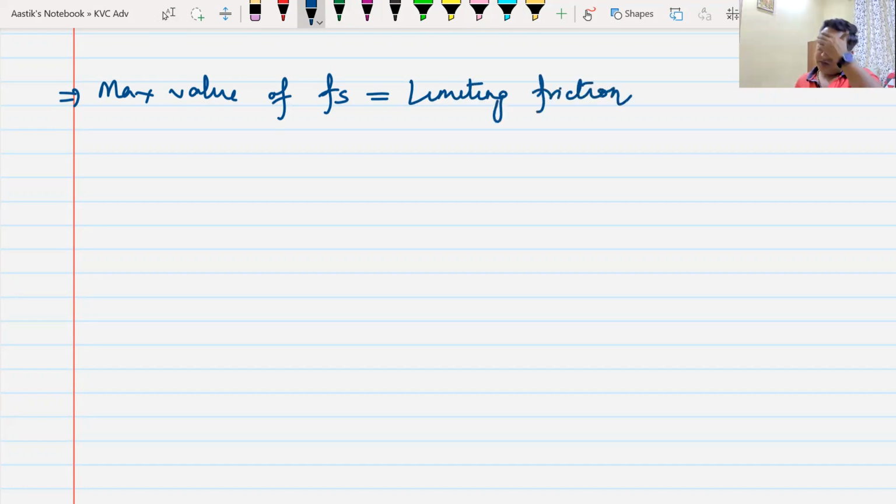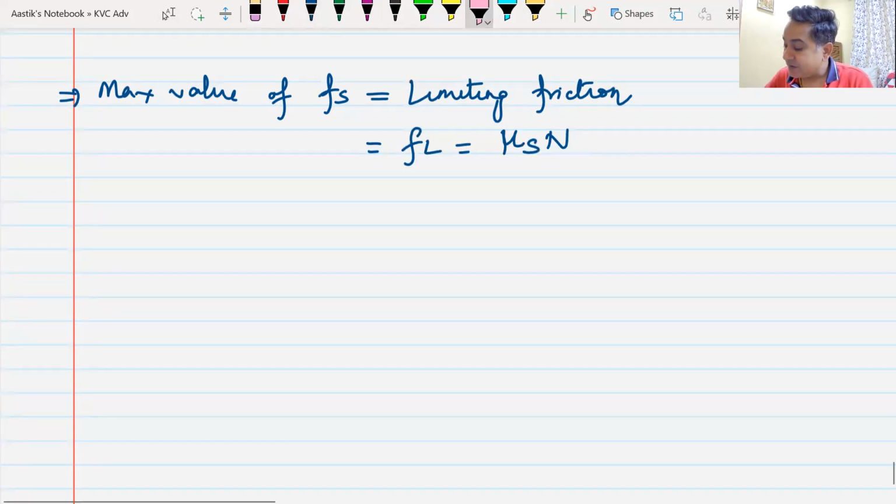That is known as Fl, and the value of this Fl is fixed, equal to mu s into n. This mu s is a constant which depends on the two bodies in contact, and is known as the coefficient of static friction.